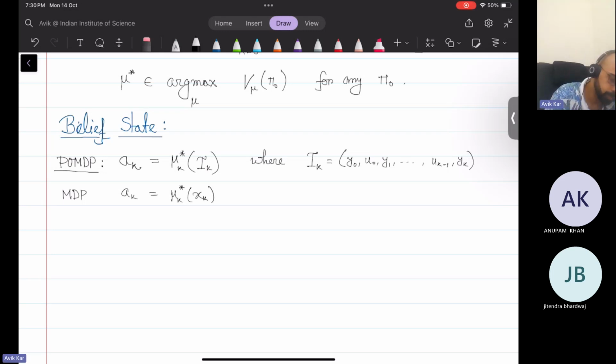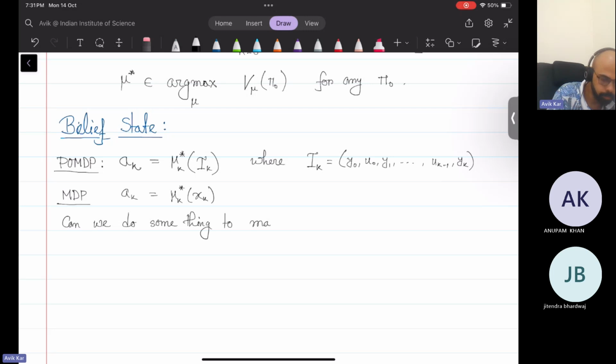Now, the question is, can we do something to make the system Markov so that the optimal policy will also be Markov?